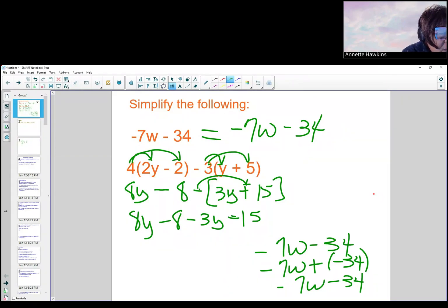So now we want to look at like terms. 8y and negative 3y are like terms, and negative 8 and negative 15 are numbers. So what we're going to do is take the subtraction and rewrite it.